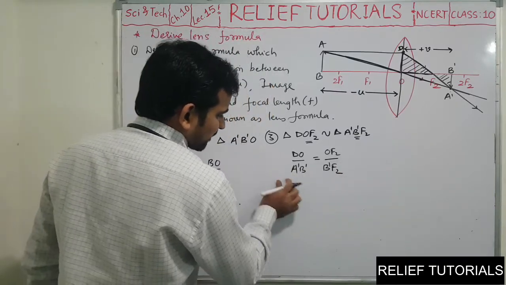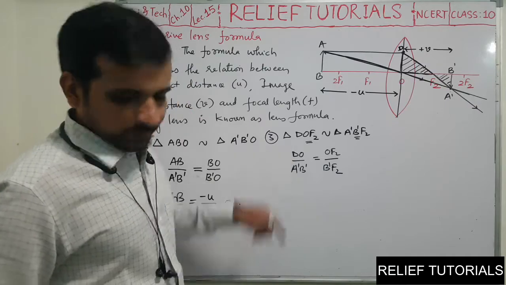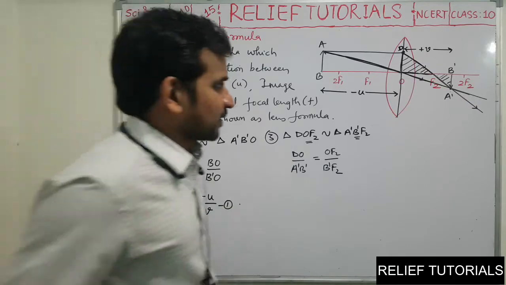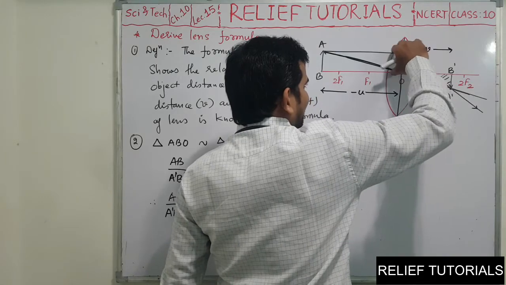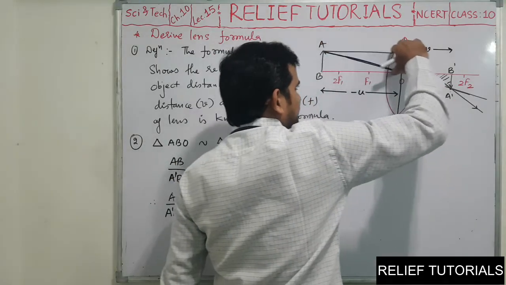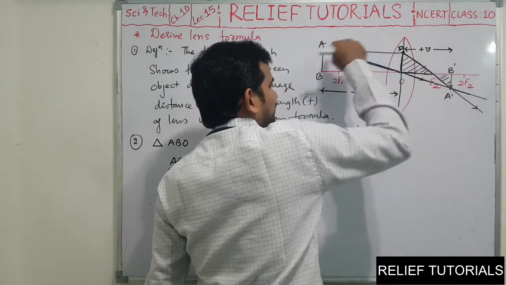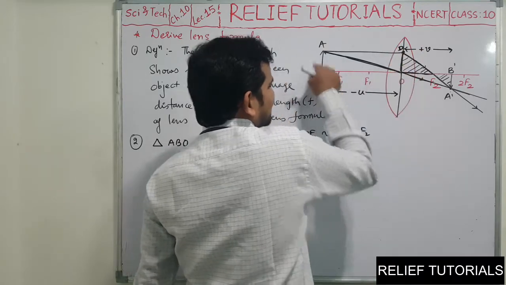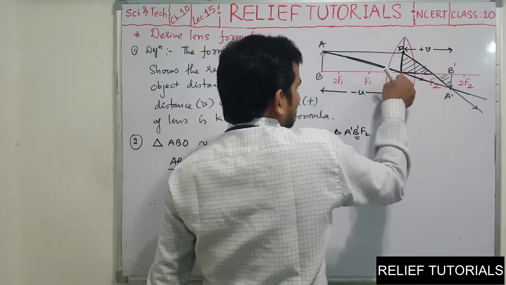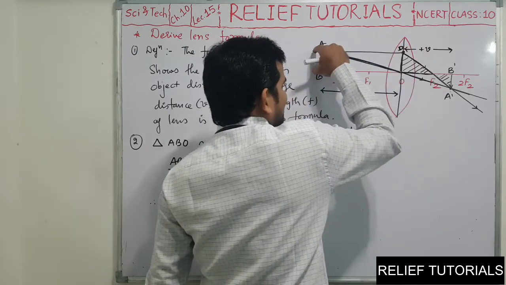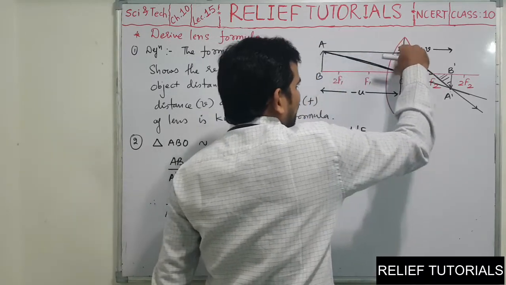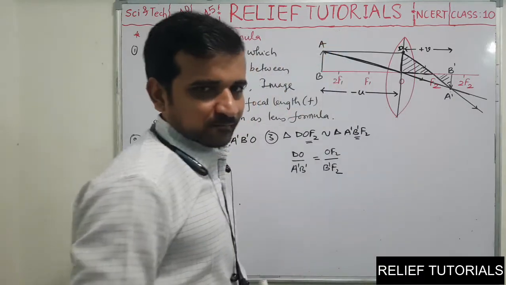Now look at the figure. Can you see that DO and AB are equal? Because they are the opposite sides of the rectangle ADOB. We know that in a rectangle opposite sides are equal, so we can replace DO by AB.